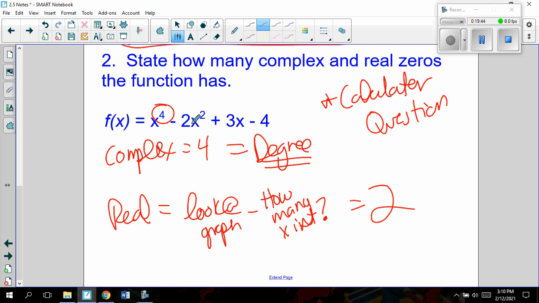So how many x-intercepts, like I said, same with x-intercepts. Another way to say it is your zeros. Another way to say it, real, is how many times it crosses your x-axis. Okay. So I will say, make sure you can do this part without a calculator, which is just the degree.